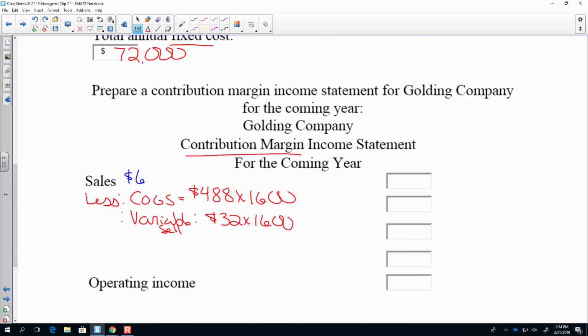Make you guys busy at home. $640 times 1,600 sold. And this will give us our contribution margin. Subtract, right? So let's fill that in. We haven't done a margin statement in a while.